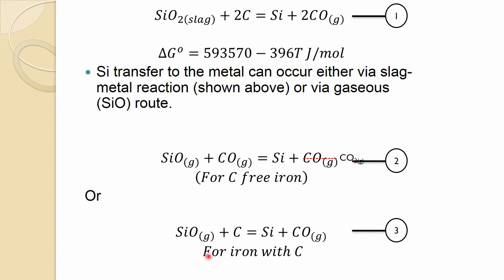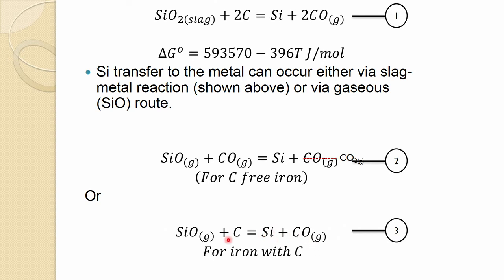And where the carbon is there in iron, this reaction is possible. So, this goes with the metal and CO. So, carbon in the metal reacts with the gas, forms CO, and silicon goes into the metal, into iron.